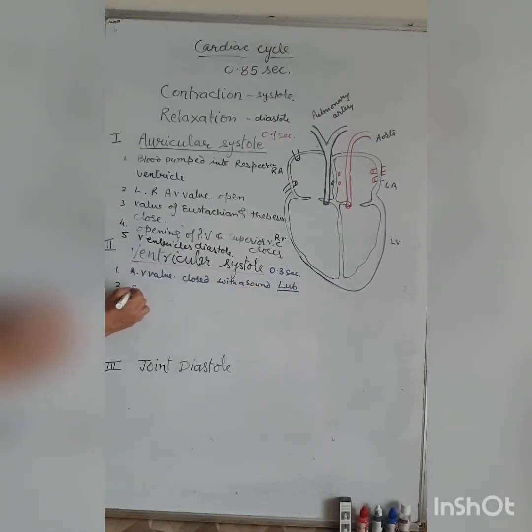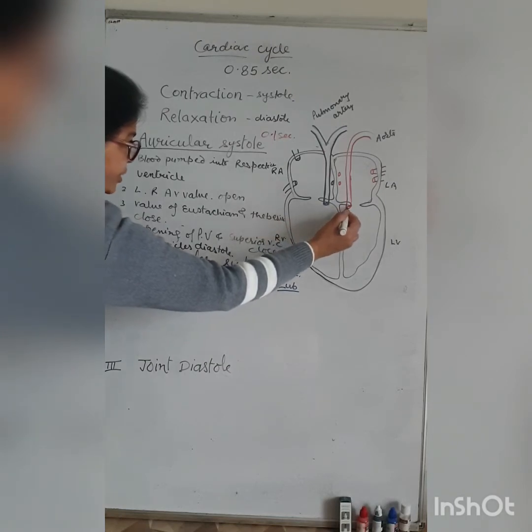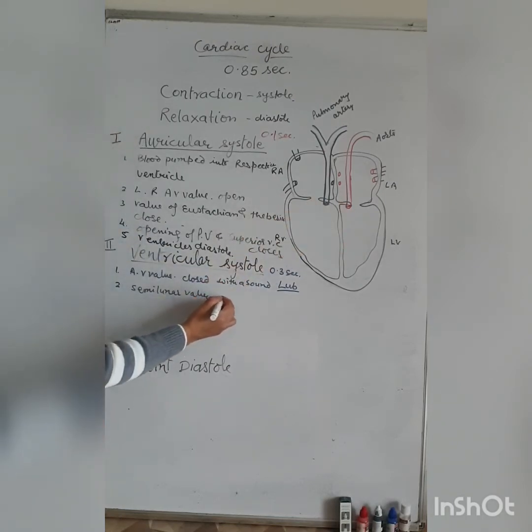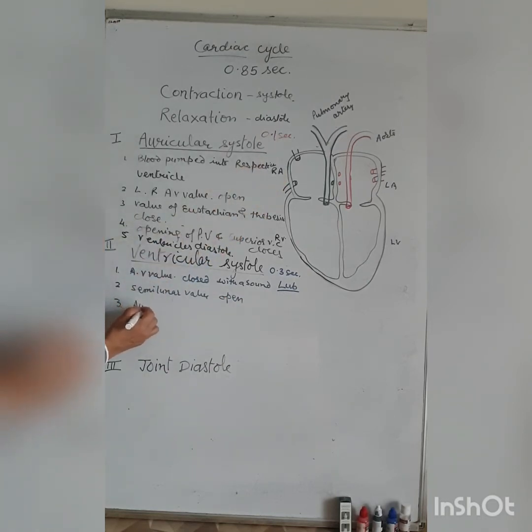Next event, the semilunar valves that are present at the base of the pulmonary artery and aorta open. And the next is auricle diastole.